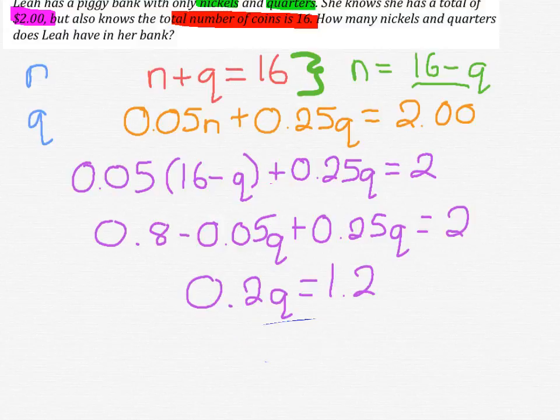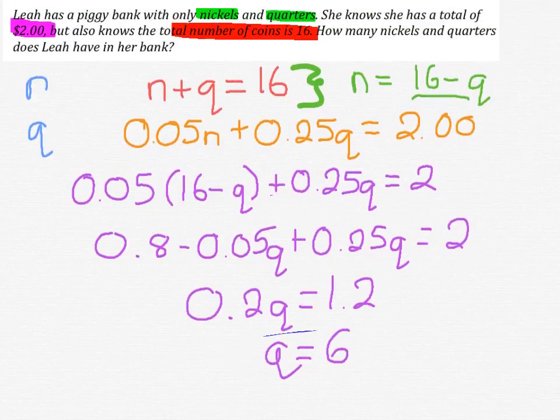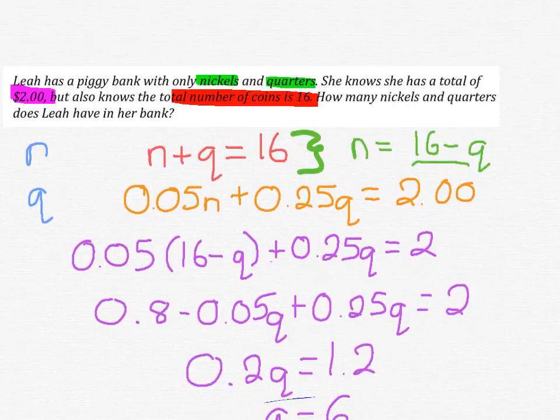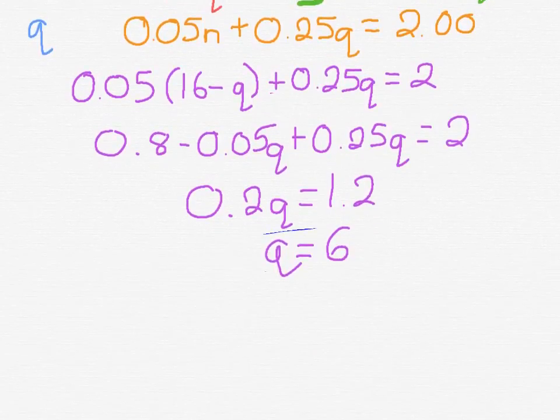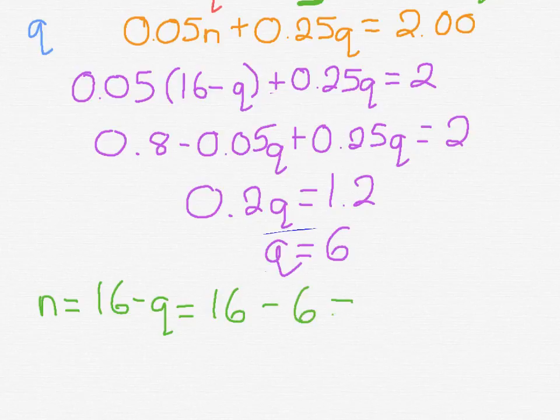So Q is equal to 6 in this case. Now if I remember up here, I said that N is equal to 16 minus Q. Remembering that, I'm going to rewrite it down here: N is equal to 16 minus Q, and now I know that Q is equal to 6, so I do 16 minus 6, and I get that N is equal to 10.